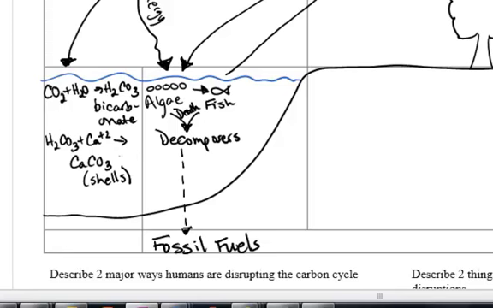Once those shells are shed by the organisms that use them, they'll go down to the ocean floor, experience burial and compaction, and they will eventually turn into limestone.